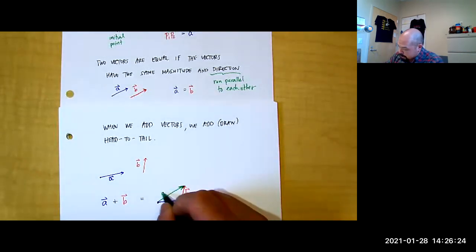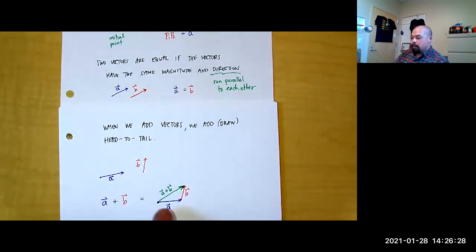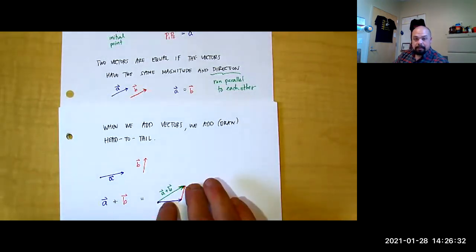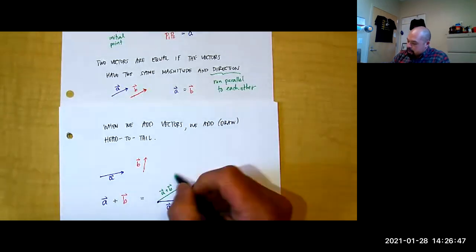There's my vector, my sum, giving us that final overall size and final direction of where I would be pointing if I was to combine those two sizes and directions of my initial vectors, okay? And so there's my sum.